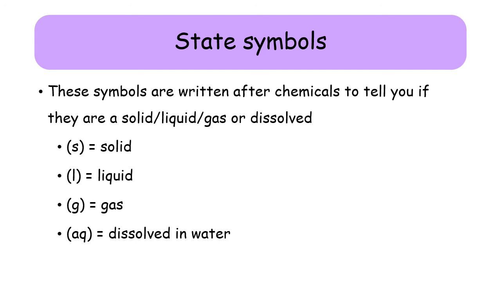If you have an L written after the compound, it is a liquid. A G for gas, and then the one that's odd is AQ, which means it's dissolved in water. So you need to recognize what each of those state symbols means.